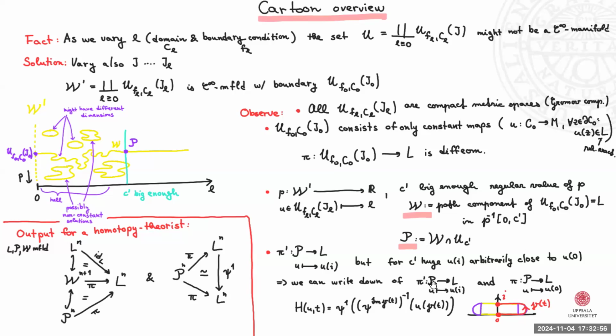What you can write down is a projection, and it's a funny thing: these two projections, pi prime and pi, are actually homotopic. The homotopy can be written out explicitly, and it looks like this. You just flow back along this path in your domain.